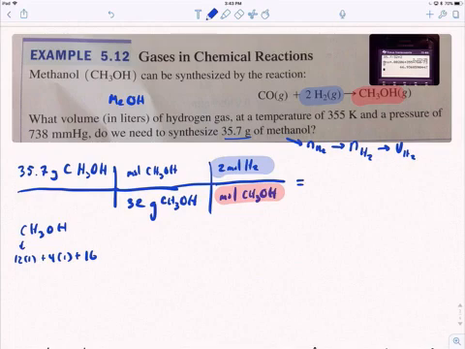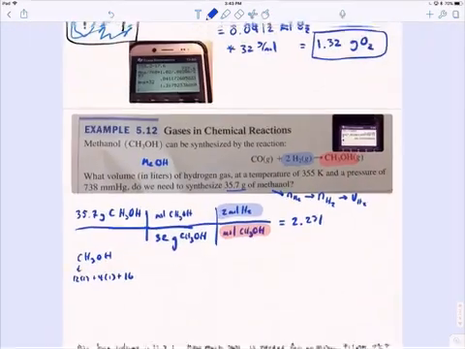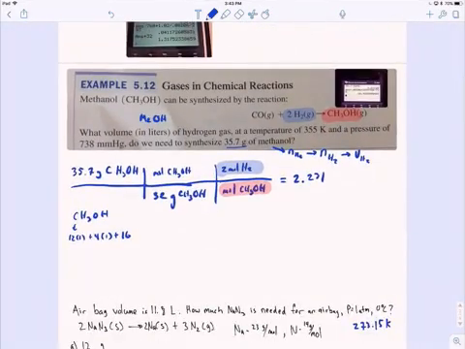And this is 2.231 moles hydrogen. So now we have PV equals nRT.